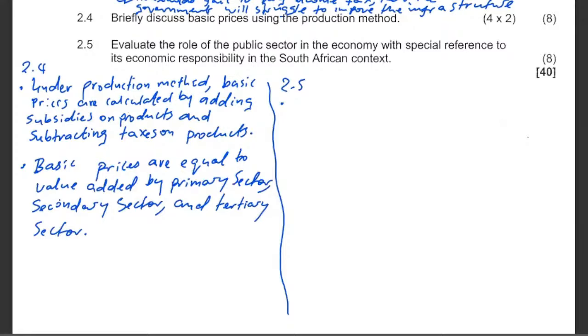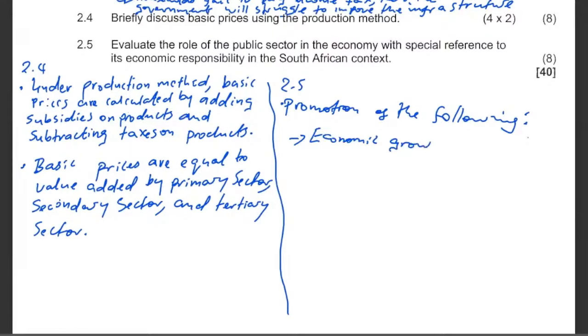Saying that we have economic promotion of the following. So one, we have economic growth. Then the second one, we have full employment. And then the third one, we have income distribution.